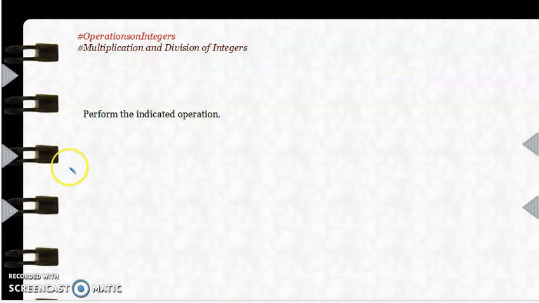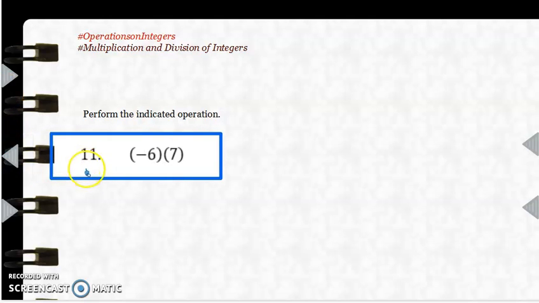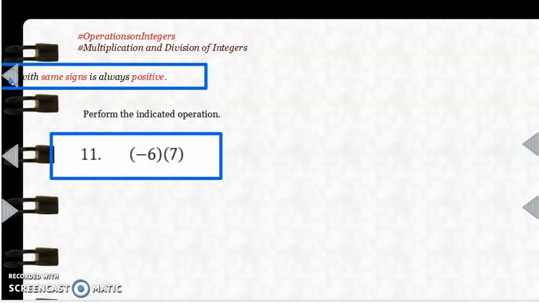Now, what about for this one? We are going to multiply two factors wherein one is negative and the other one is positive. Before we proceed to the process, let's recall first the rule on that.